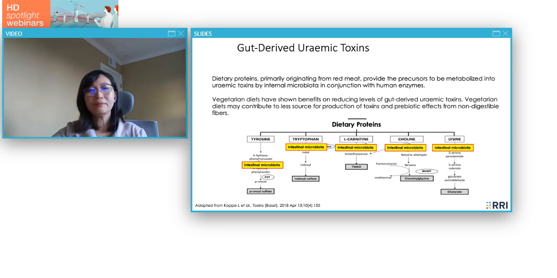Meanwhile, vegetarian diets also offer a prebiotic effect from non-digestible fibers. In recent years, there are a good amount of randomized controlled trials showing probiotics, prebiotics, and some synbiotics therapies can help to significantly reduce gut-derived uremic toxin levels in patients.